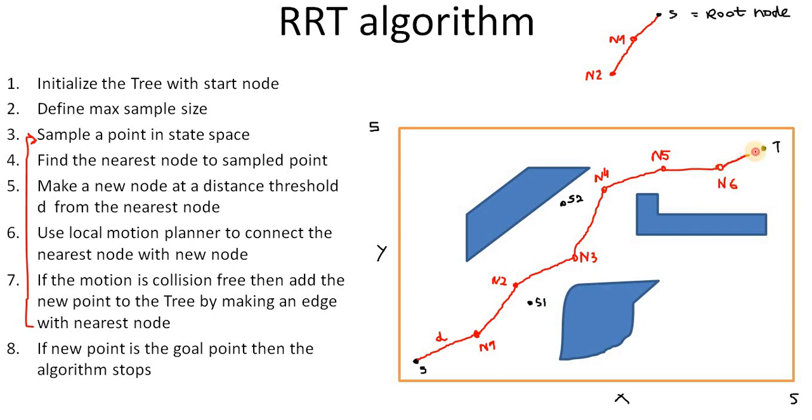We keep repeating this process till we reach our target node. Okay, and this is how the RRT works.